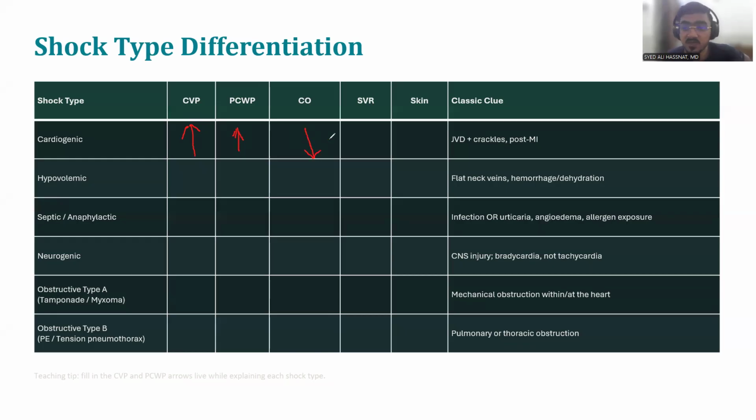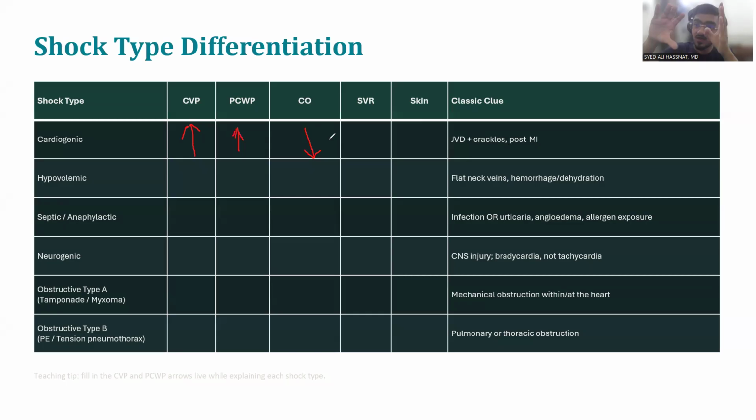And what will happen to the TPR? When the heart is not functioning, the blood is not going to the vital organs. So how will our body try to compensate? The body will try to send most of the blood to the vital organs because organs need blood to survive. When the cardiac output is low, the body will try to increase the force to provide blood to the vital organs.